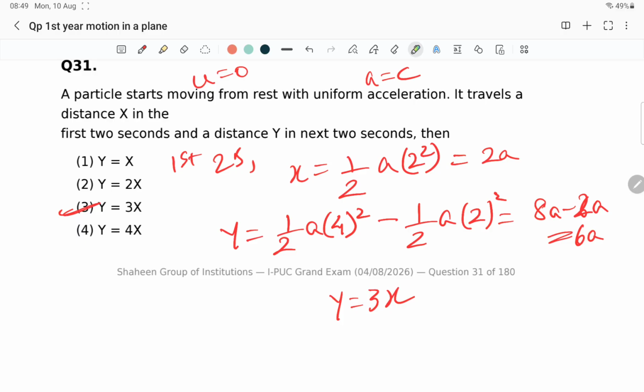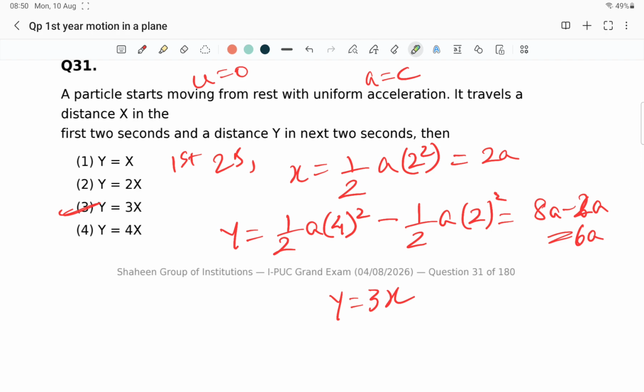Now let me explain how we did it. The particle starts moving from rest, so u is 0, and with uniform acceleration, a is constant. It travels a distance x in the first 2 seconds. Since u is 0 anyway, x is equal to half a t square, so you get 2a in the first 2 seconds, and distance y in the next 2 seconds.